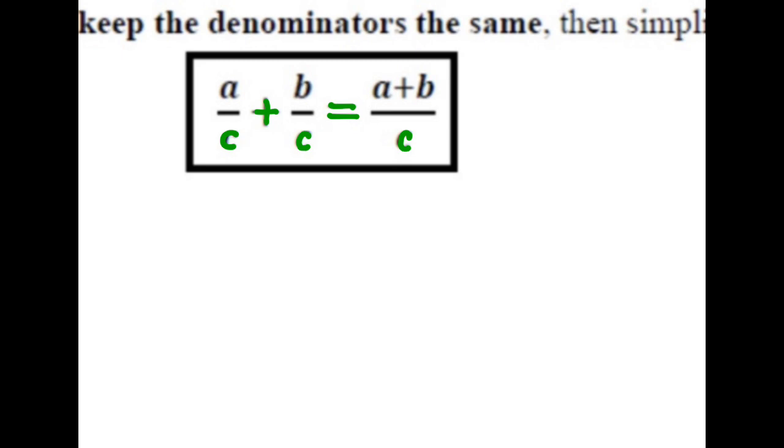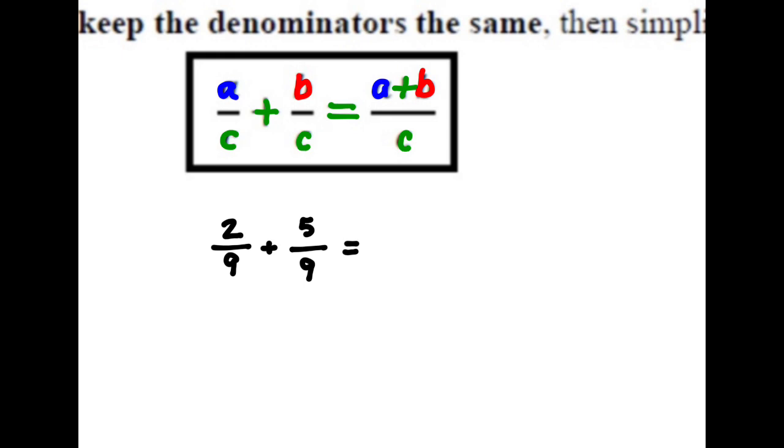C represents any number, and as long as that number stays the same, you're fine. Now A and B also represent numbers, but they are different numbers in this case. Okay, so the A comes over, and you're adding the B. So you're basically doing A add B goes on the top.